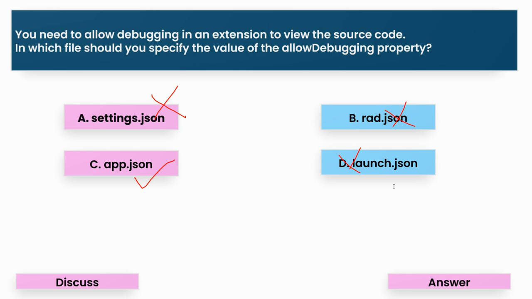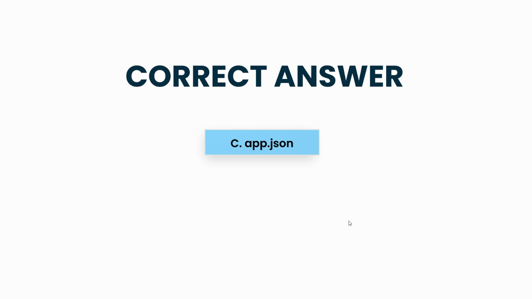While it closely relates to debugging, launch.json itself does not enable or disable debugging functionality, but rather configures how debugging sessions are launched and operated. So, in summary, while the concept of enabling debugging is essential, the possibility only relies on app.json. So app.json is the correct answer.